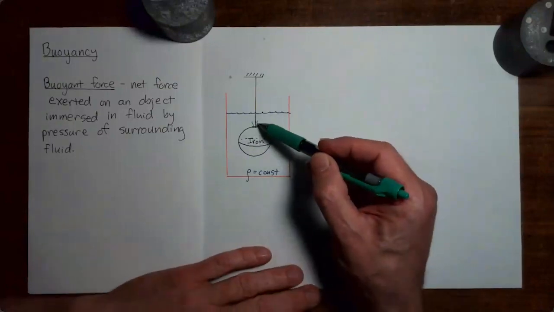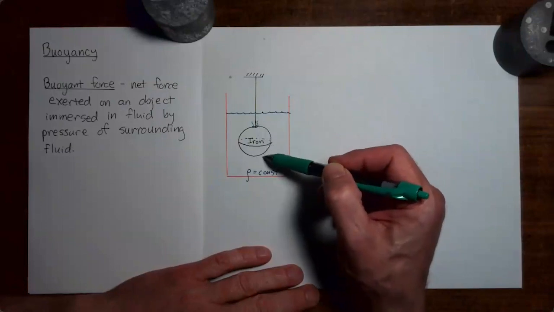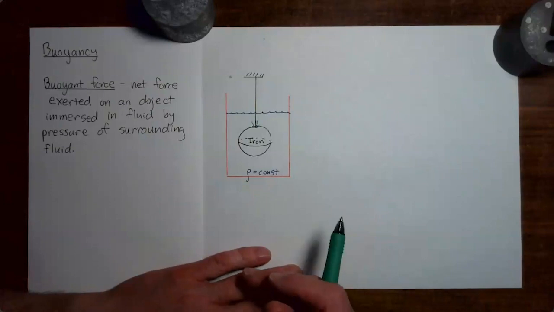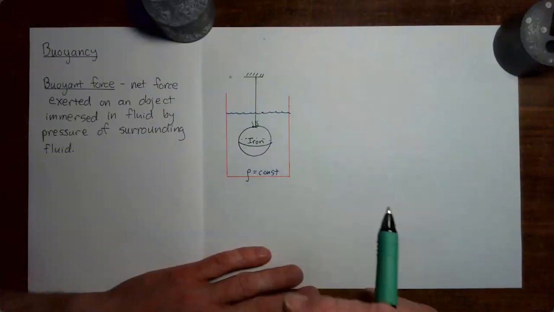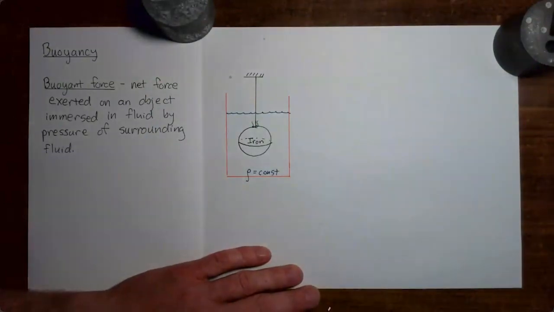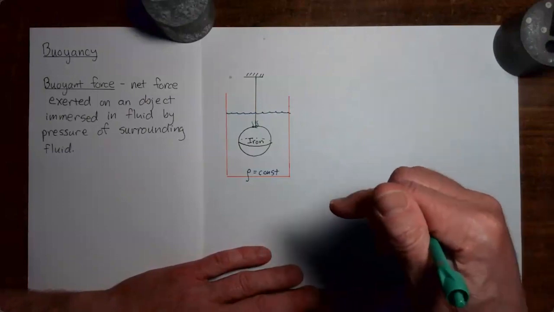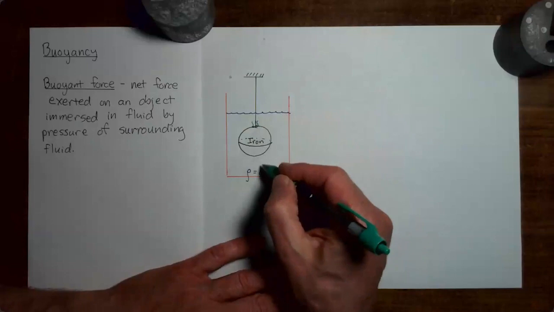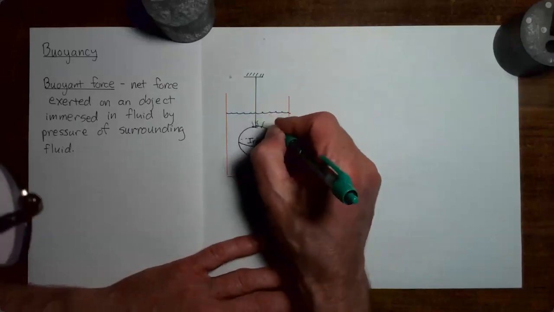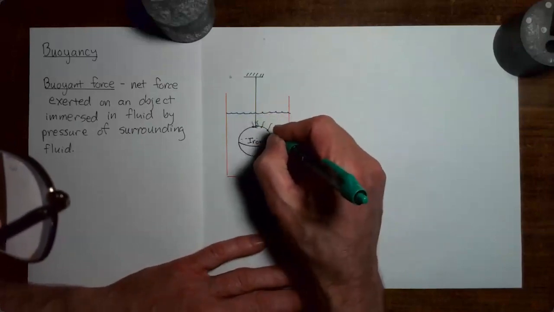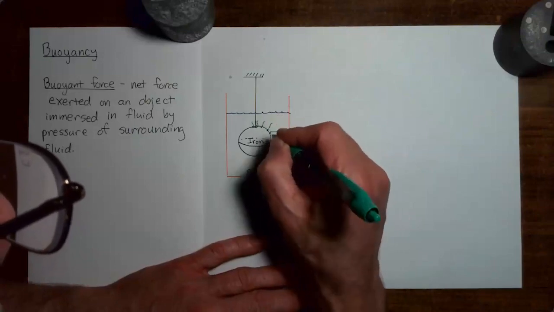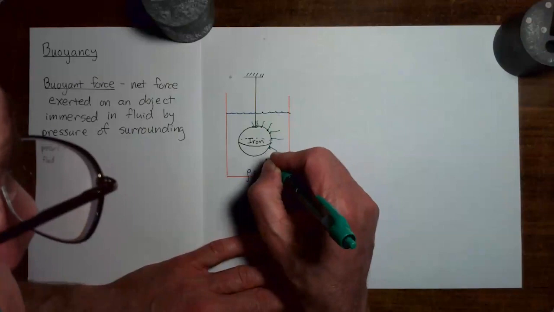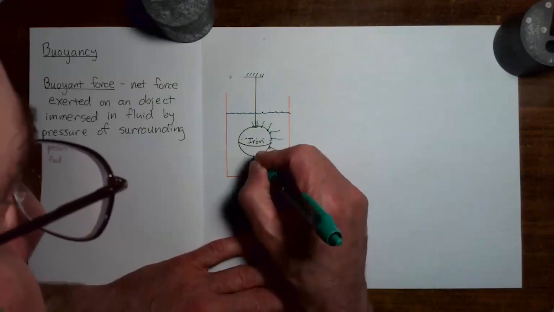Now, as I go around the side of the iron sphere, the pressure is going to become stronger as we go deeper, and also the direction of the pressure is going to change so that the pressure is always pushing perpendicular to the surface of the sphere. So let's go down around the right side. And as I go down around the right side, the strength of the pressure increases and the direction changes as well.